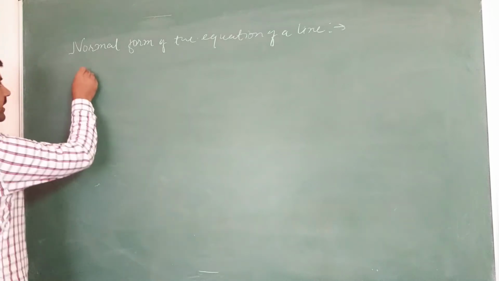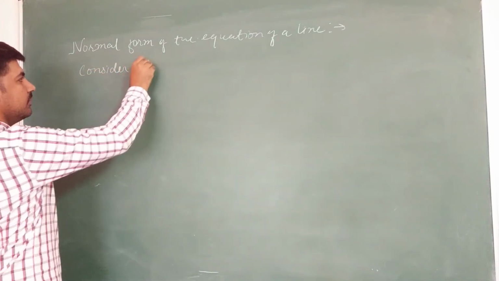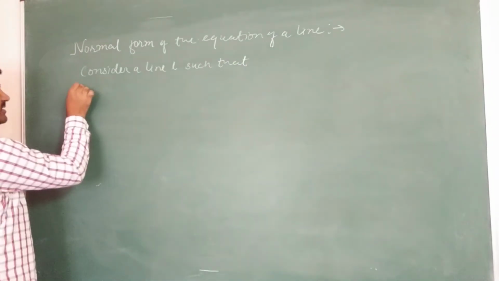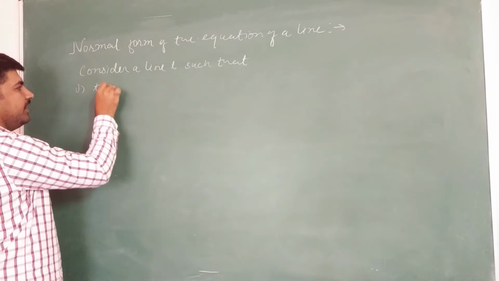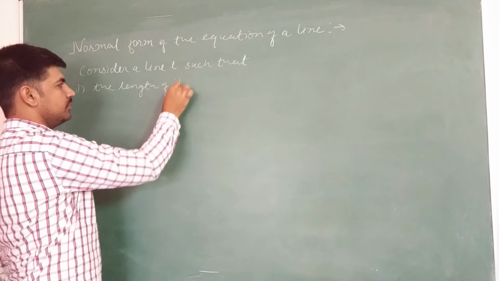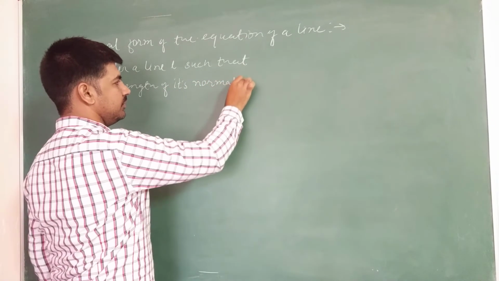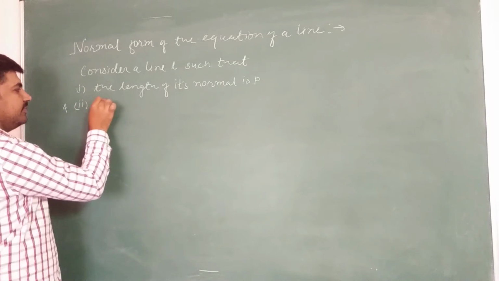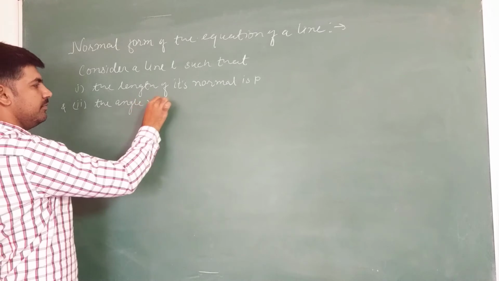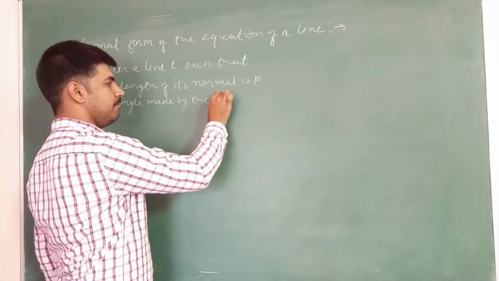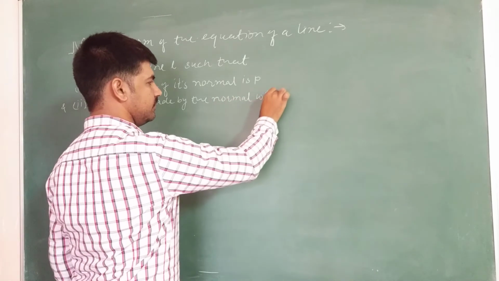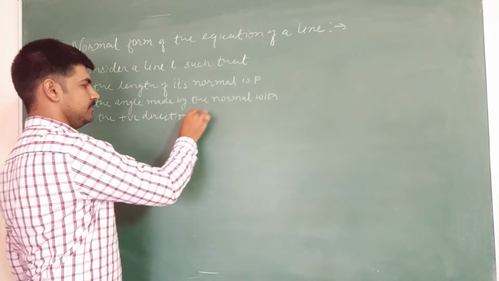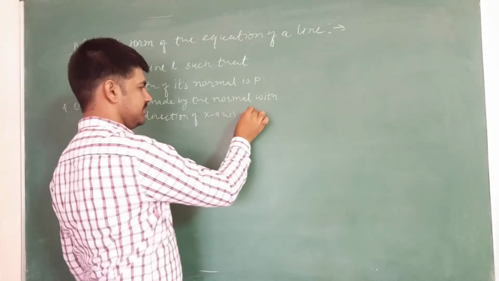Consider a line L such that the first given thing, the length of its normal is P, and the second thing, the angle made by the normal with the positive direction of x-axis is omega.